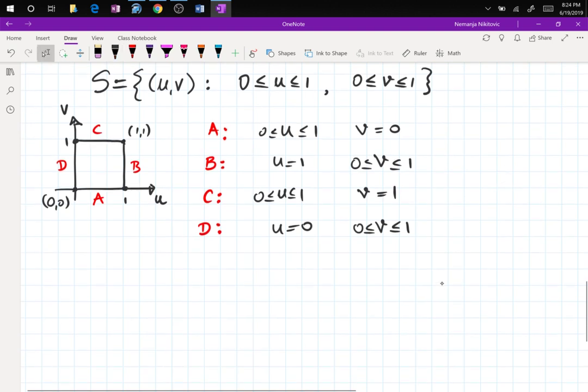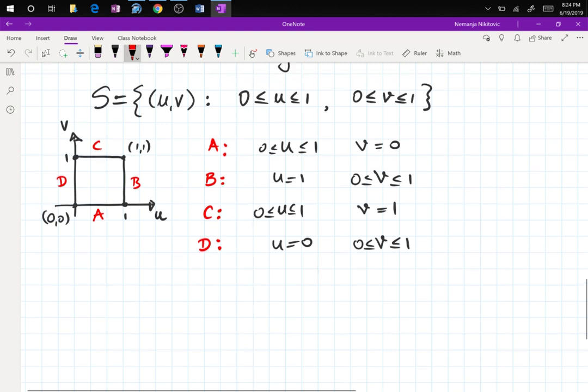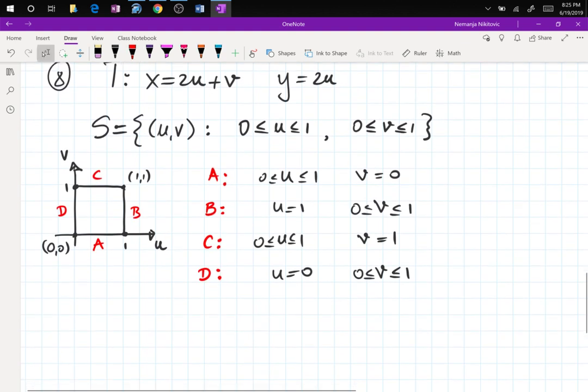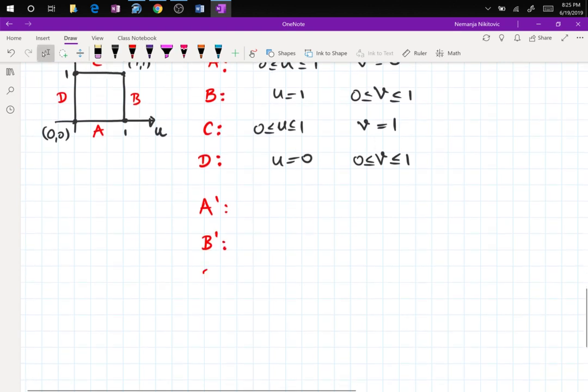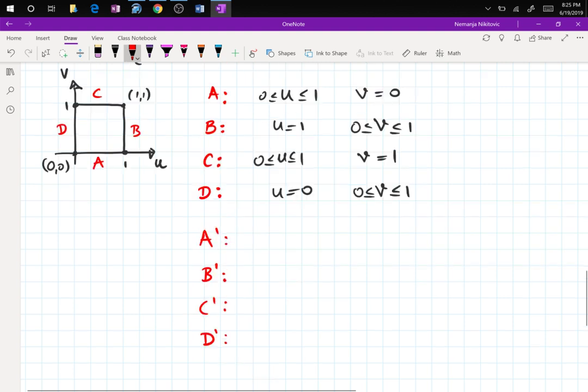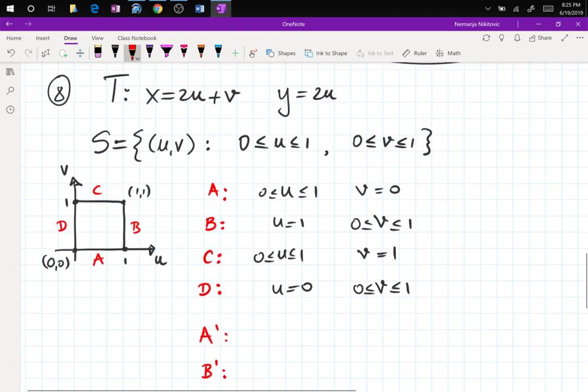Great. Now we are going to transform this region using the formulas given in the transformation. So I need A prime, B prime, C prime, and D prime. So what do I have? I have V is equal to 0.